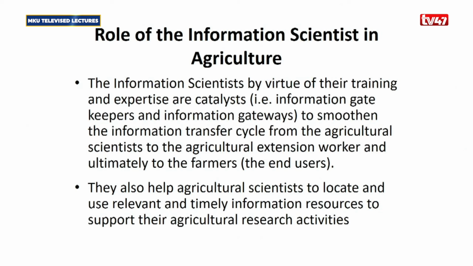So it has to be softened or digested by the agricultural extension workers in the language that a farmer understands. Then ultimately the farmers can understand, be taught whatever they should do, and apply it to their own benefit. Now, information scientists also help agricultural scientists to locate and use relevant and timely information resources to support their agricultural research activities.